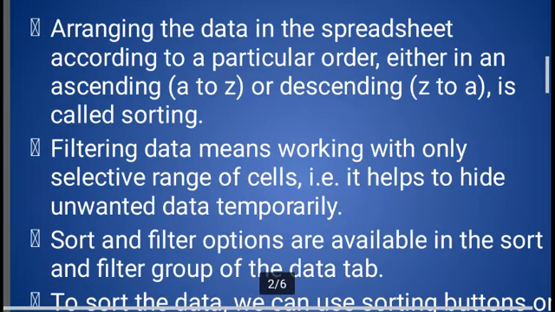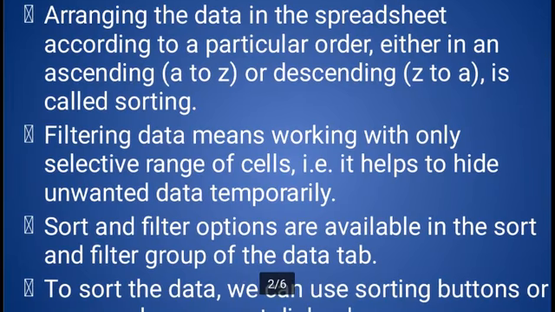Okay, and filtering is another thing. This is a new facility. Suppose we have 1000 students' data. I want to see only 9th class data. I want to see only 10th class data. So I want to see only a selected portion, so easily we can take decisions.